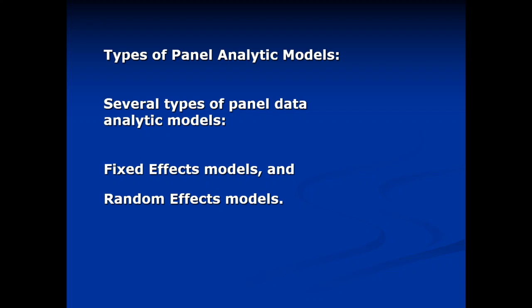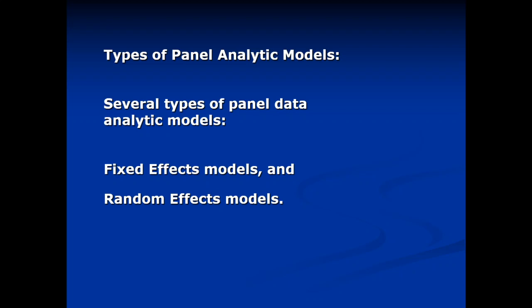Now, types of panel analytical models. How do you estimate these betas? What is the purpose of econometrics? It is just to find the coefficients of the parameters of econometric relations. So you want numerical values for beta: what is the impact of per capita income on personal expenditure, or the impact of household income on personal expenditure.